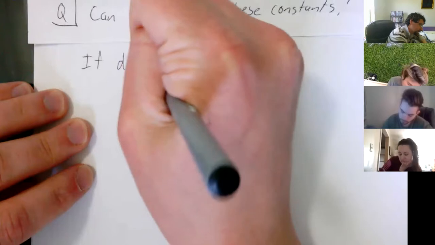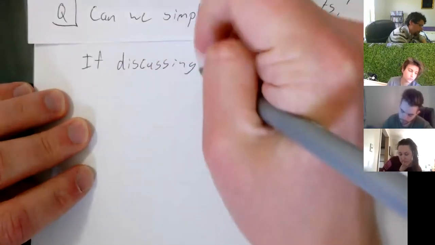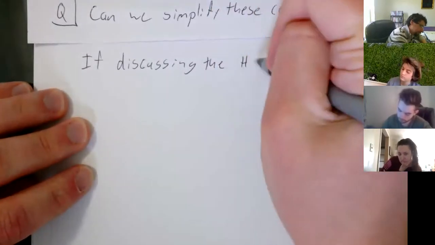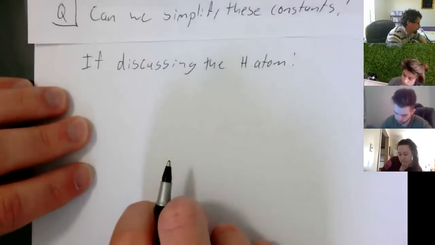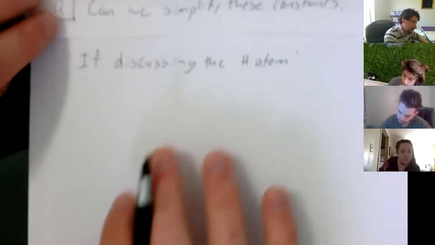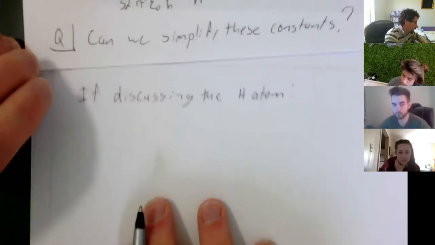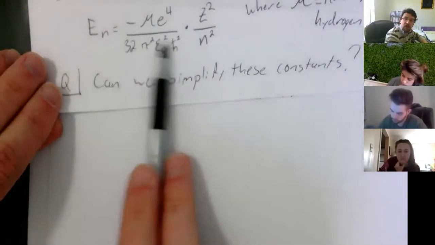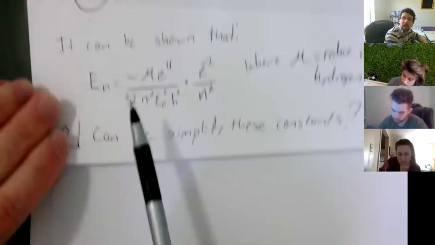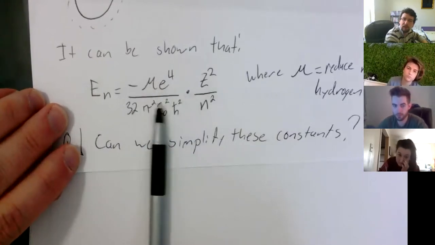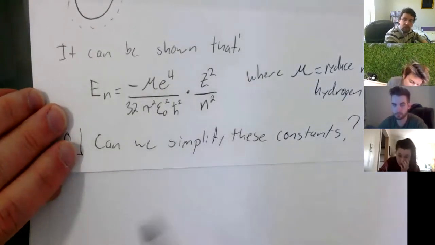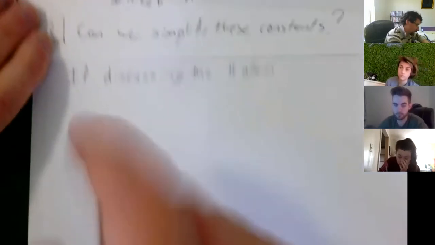If discussing a hydrogen atom, we can conglomerate all of this stuff. So this whole front expression here, what do we notice about it? They're all constants.